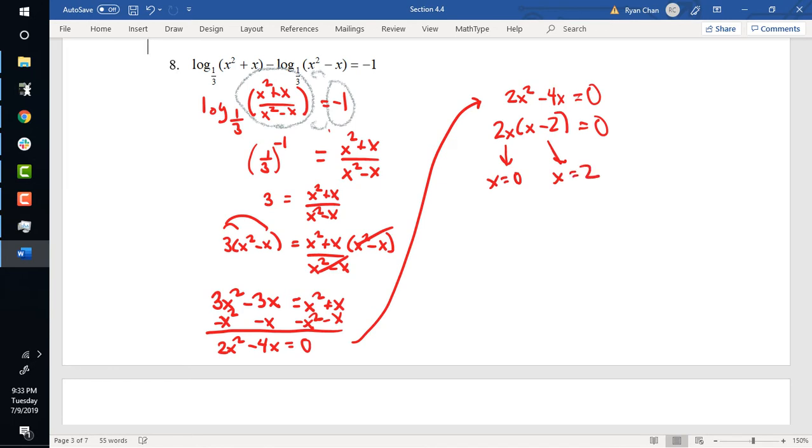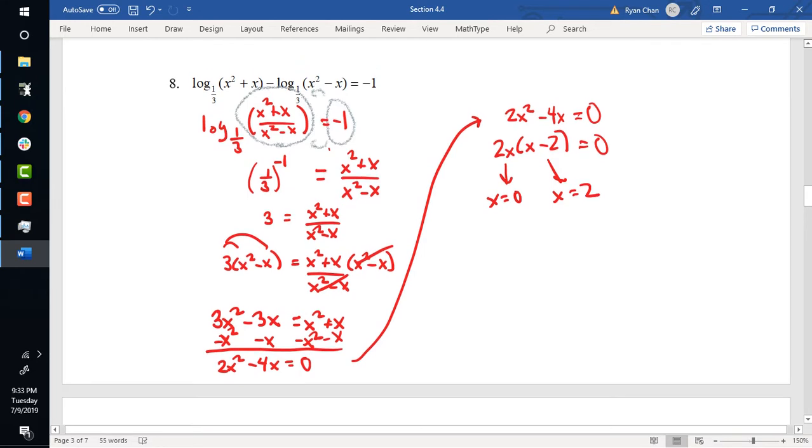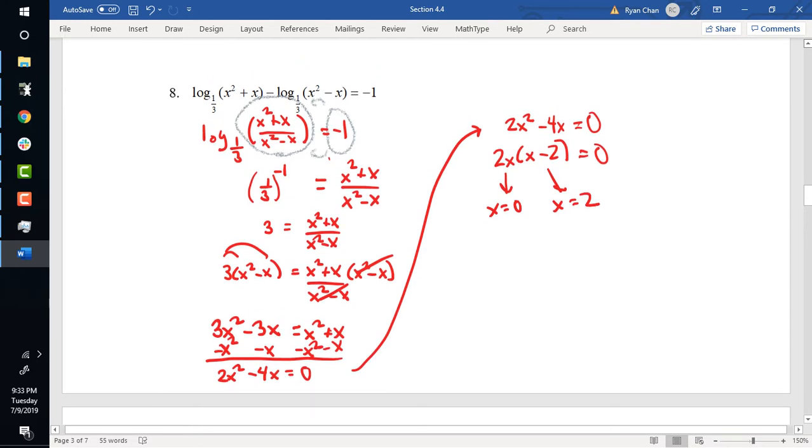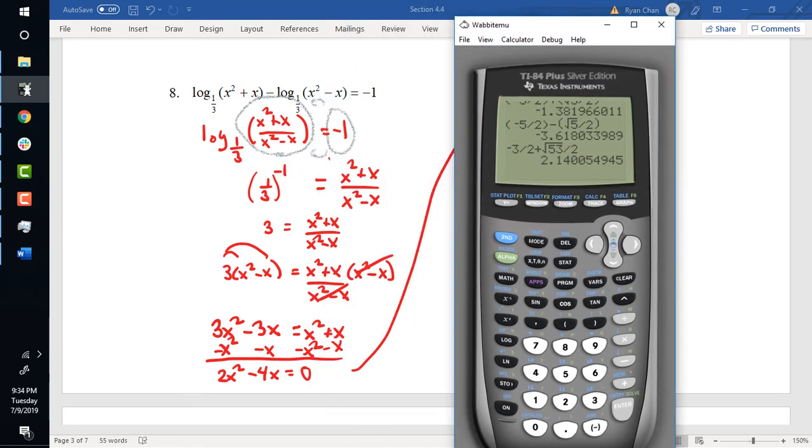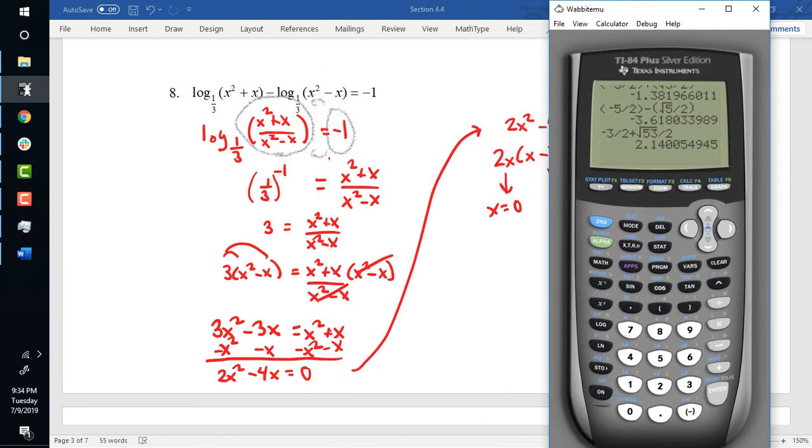Now, if I look at my domains, let's talk about this. If I look at my domain, this isn't very obvious what my domain for both of these are. But I can kind of graph it. Remember, we can do change of bases now. So if I want to graph it, I'll do log of x squared plus 1, and then I divide it by log of 1/3.